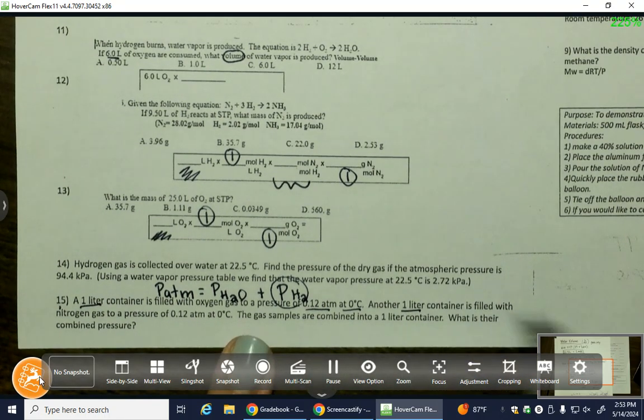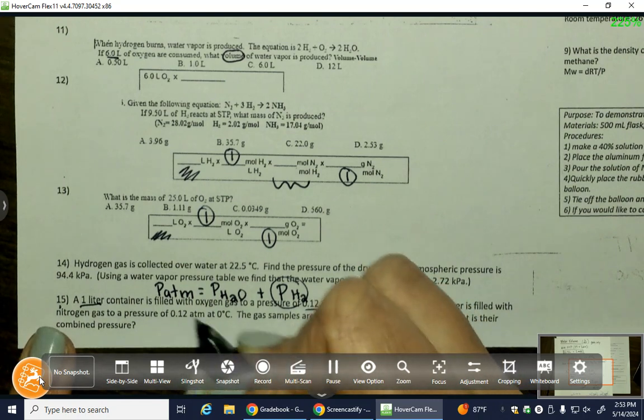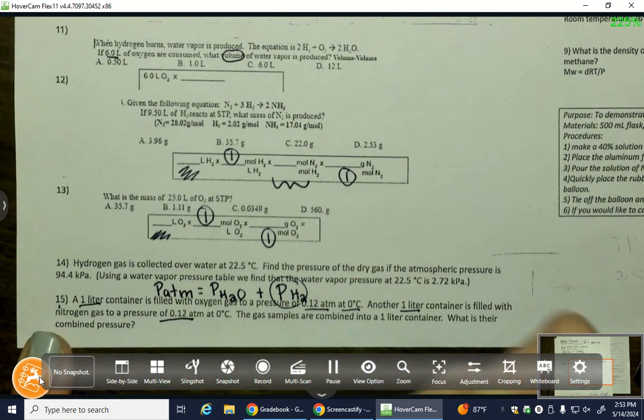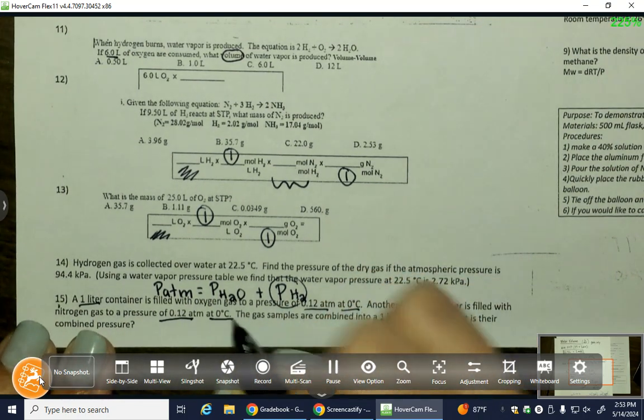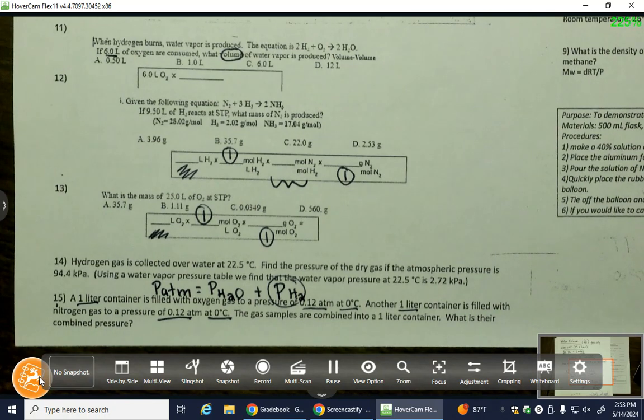Another 1 liter container is filled with nitrogen for a pressure of 0.12 atm and 0 degrees Celsius. Is anything really changing besides just who the gas is? No, basically all of our variables are remaining consistent.